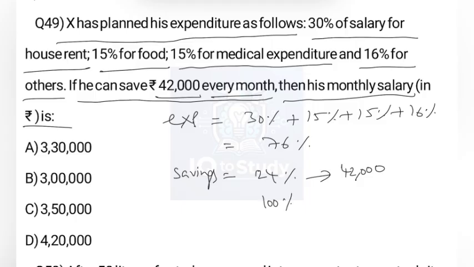So 100% becomes 100 into 42,000 divided by 24. Which is equal to 1,75,000.